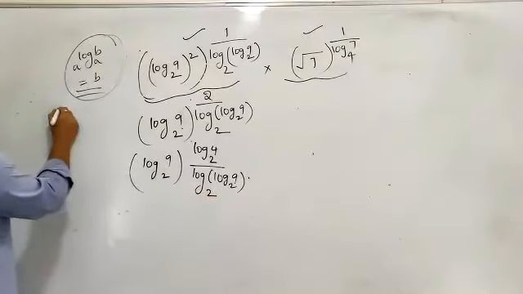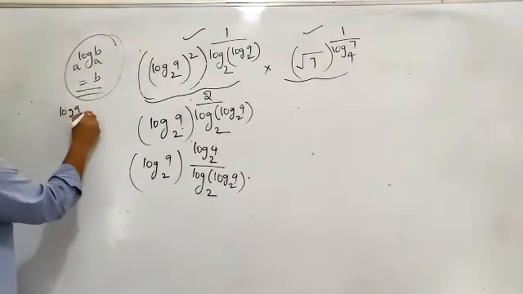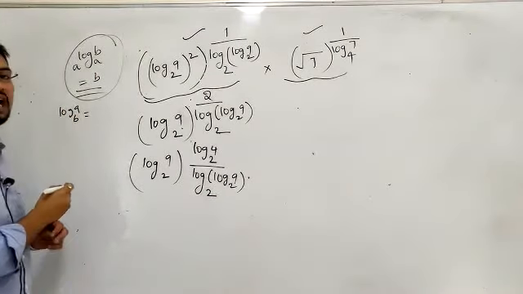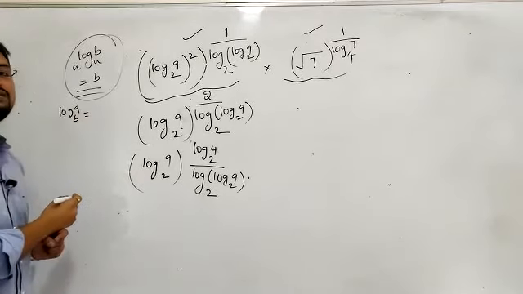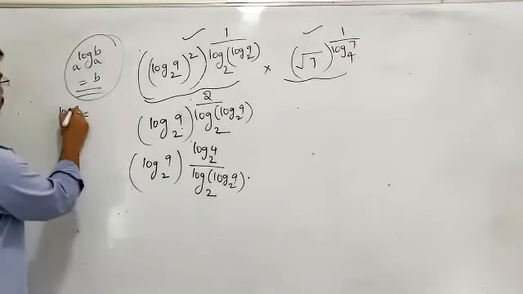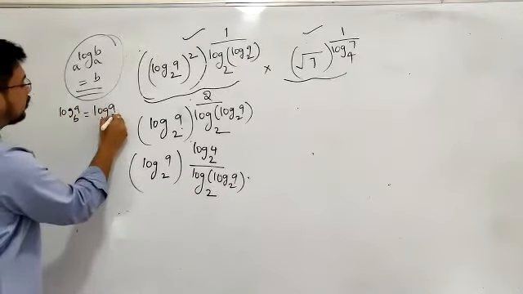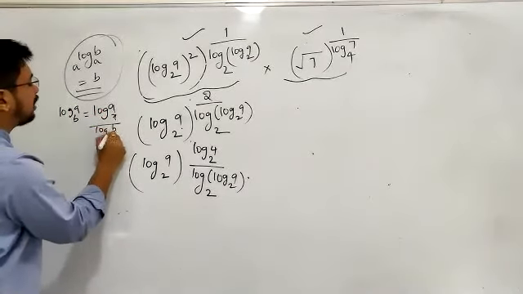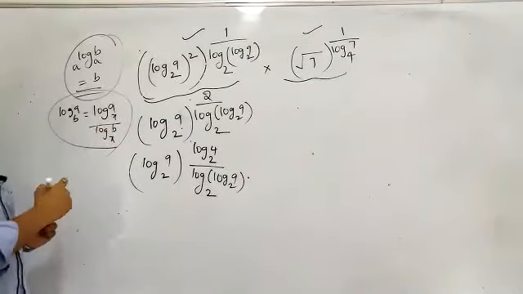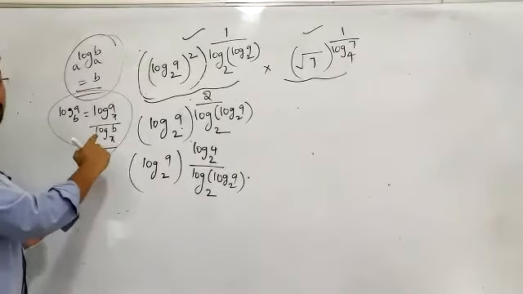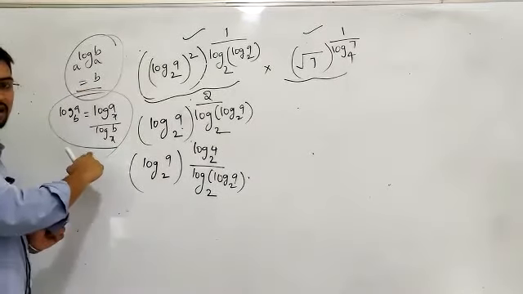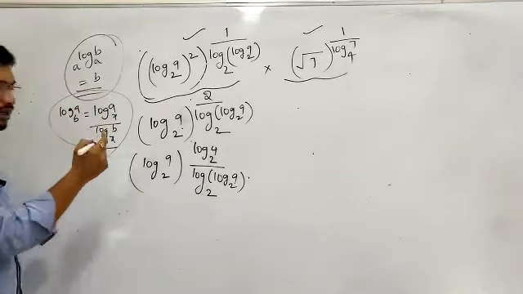Now log a to the base b, there is a theorem called the base changing theorem. So log a to the base b, I can write it as log a to the base x by log b to the base x. Already we have discussed this. At the defined base, again I've seen some students commit a mistake here. I forgot to tell you actually.